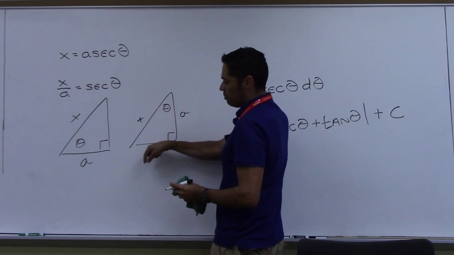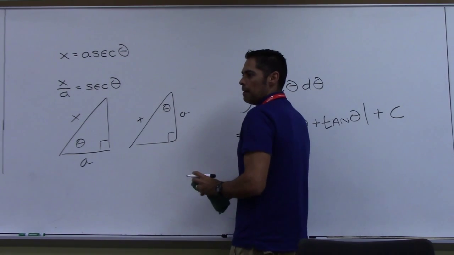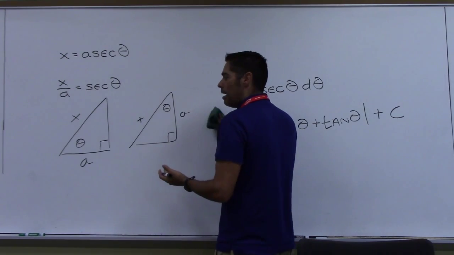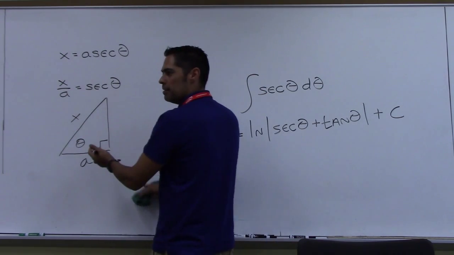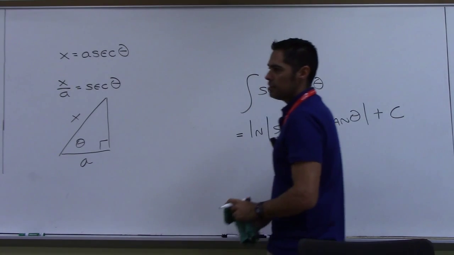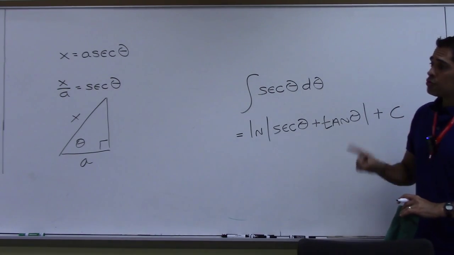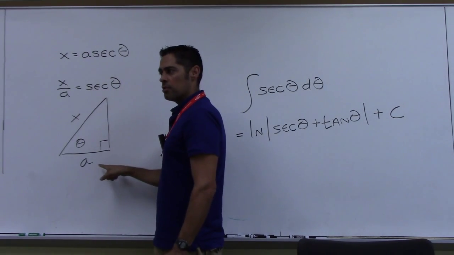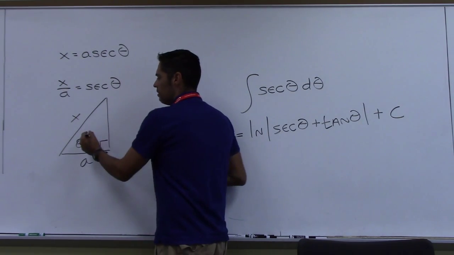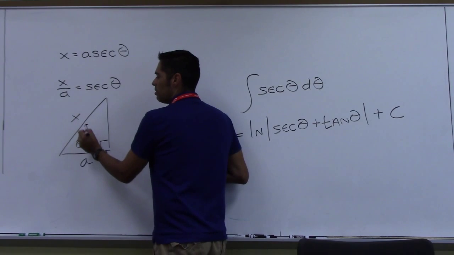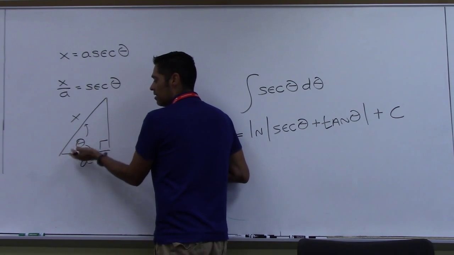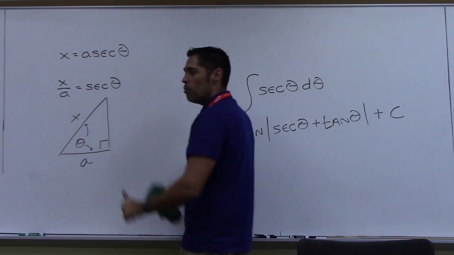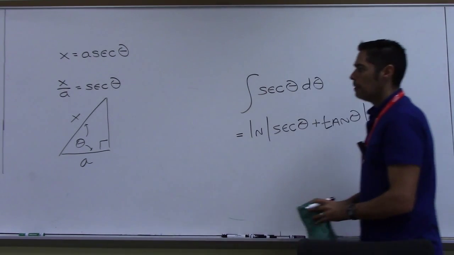Whichever way makes you happy. This is the way I draw it. So there's a sense of arbitrary to it, yes, as long as after you draw it, you look back at this information and it matches your picture. The hypotenuse x over the adjacent side to the angle, that ratio is secant. So that triangle works.